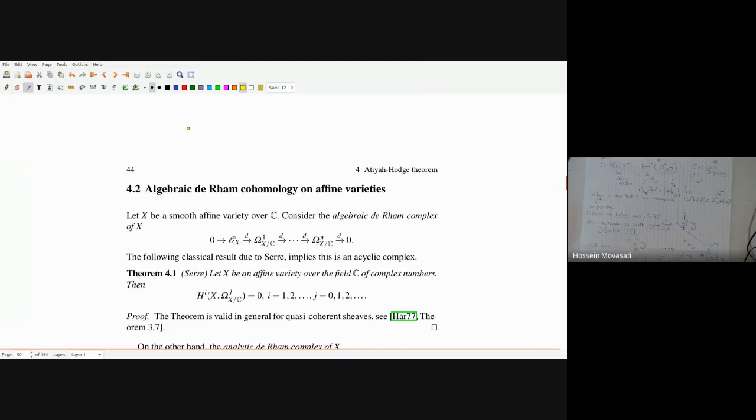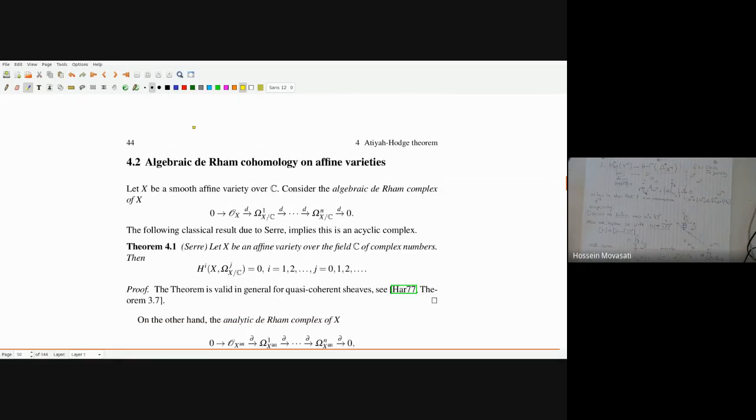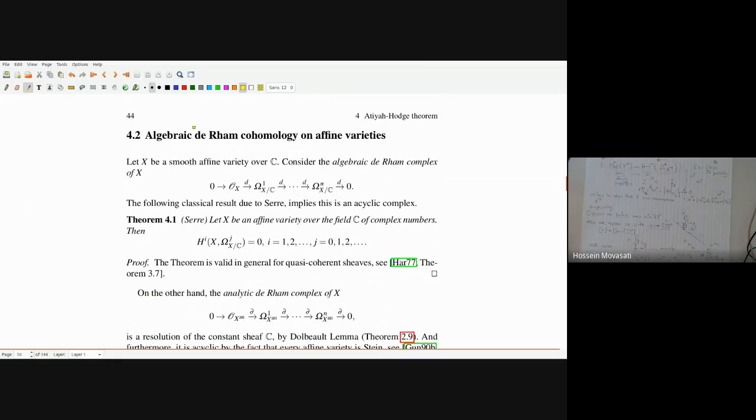This is a kind of important theorem from before the invention of hypercohomology, and it is good to keep in mind. As I said, in the case of an affine variety, we have Serre's theorem. Again, I will not show it.